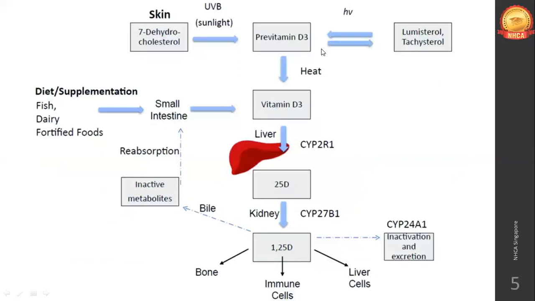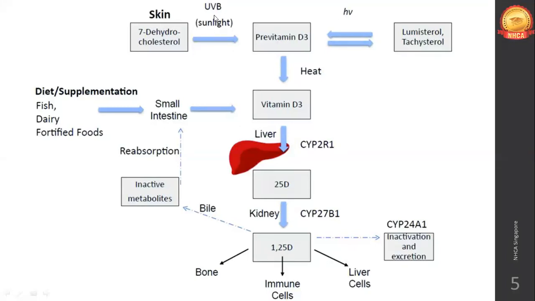Now coming to the absorption. Here you can see in your skin, just under your skin, 7-dehydrocholesterol is the inactive form of vitamin D present within all of us, even in animals.